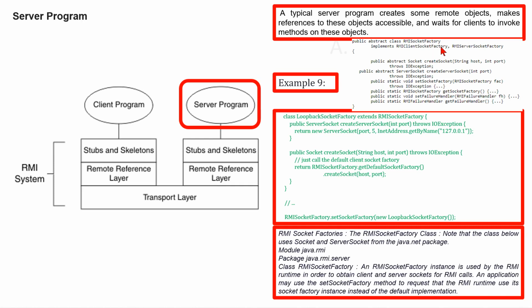Here, the java.rmi.server RMISocketFactory abstract class provides an interface for specifying how the transport should obtain sockets.